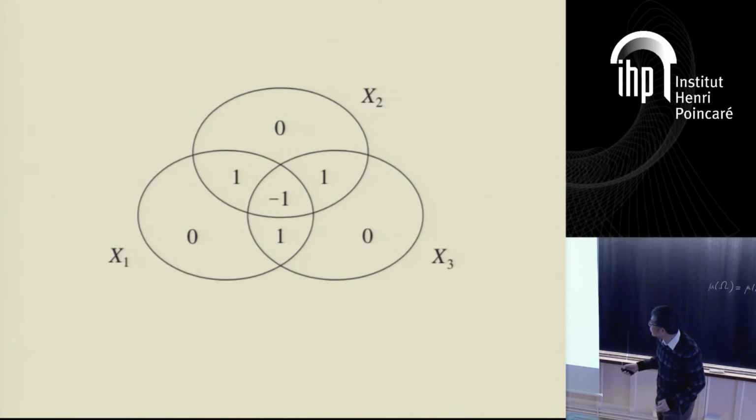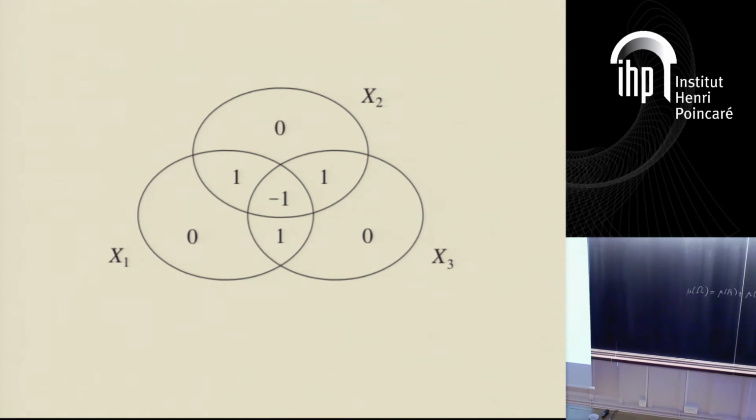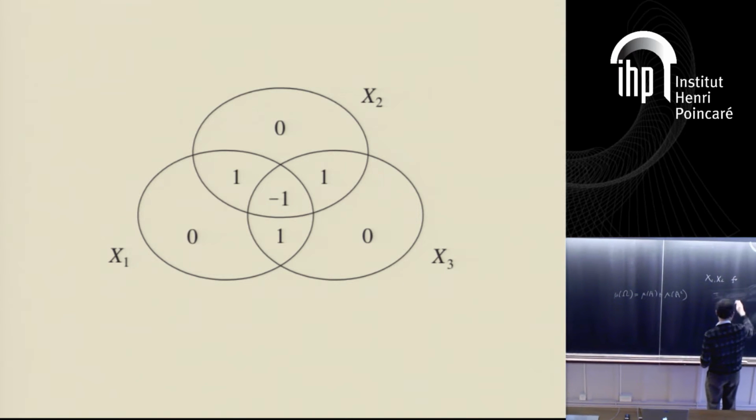So we start with 2 binary random variables x1 and x2, which are independent of each other. So x1, x2 are just independent fair bits.